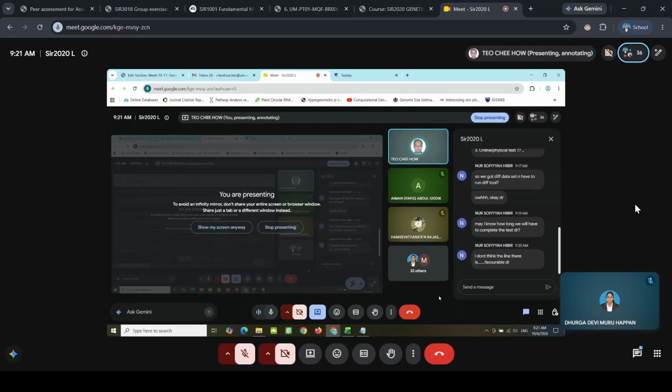I maybe ask you guys to upload the data set to Galaxy first, and then I will give instructions on how to extract the data.